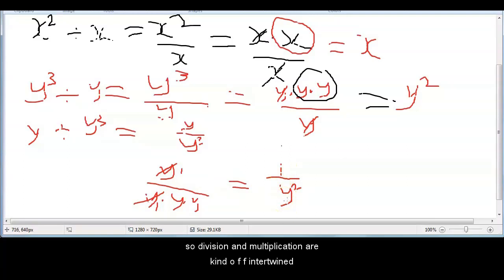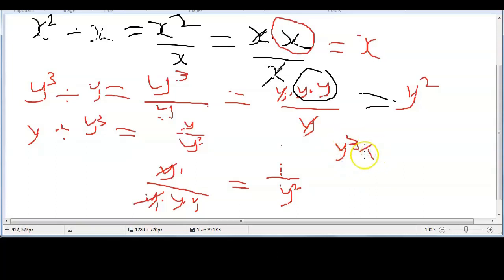So division and multiplication are kind of intertwined. Another way to do this is to subtract the exponents. In multiplication, we add the exponents. Example, suppose we have y cube multiplied by y, just as a reminder. We're going to have y to the power of 3 plus 1, which gives y to the power of 4.